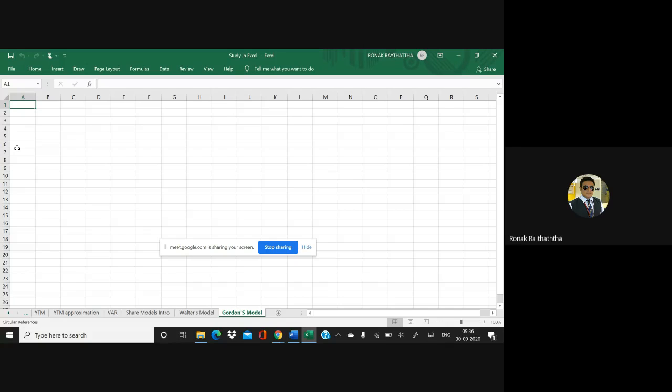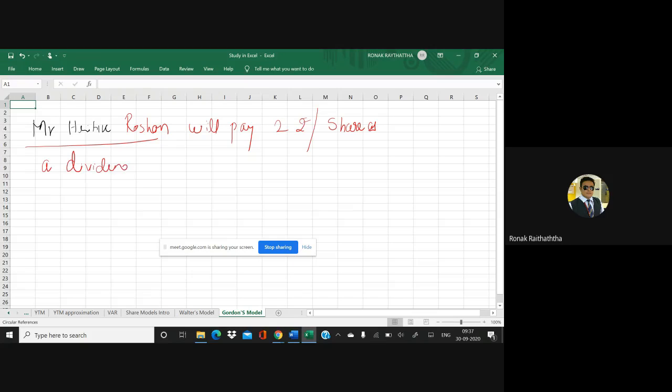Okay, let's take a very simple example. Say Mr. Ritik Roshan will pay 2 rupees per share as a dividend from his company.